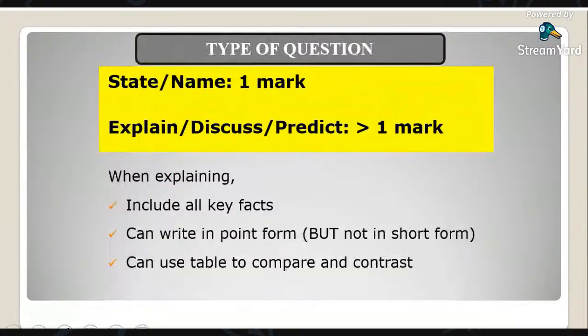We have two types of question: one is with 1 mark, the other is more than 1 mark. For example, if the question is asking to state or name, usually it is 1 mark only. If the question is explain, discuss, or predict, it means it is more than 1 mark.